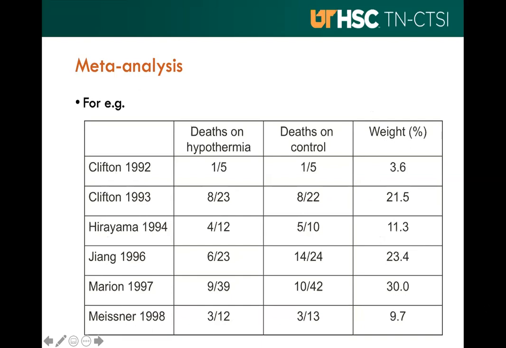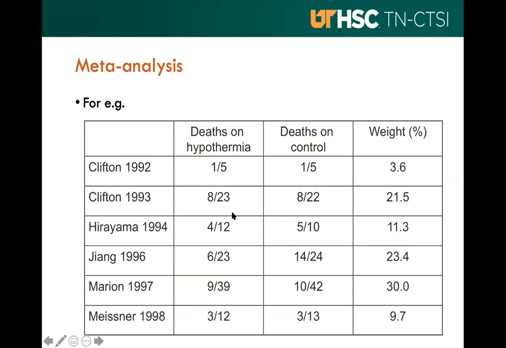Like I said, when studies have larger sample size and larger number of outcomes, those studies have higher weights in meta-analysis. They get higher weight automatically by statistical software. For example, in a study conducted by Clifton on hypothermia and death compared to the control group, there was no significant difference over the time of follow-up.